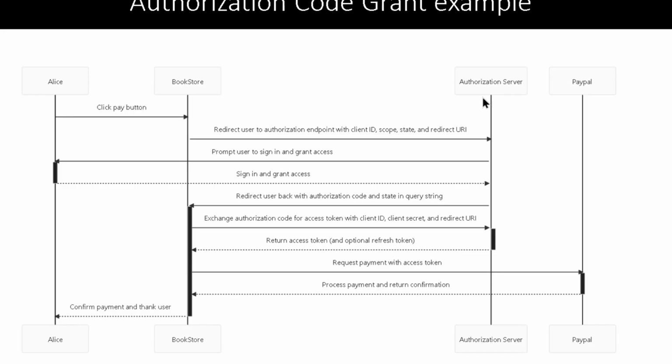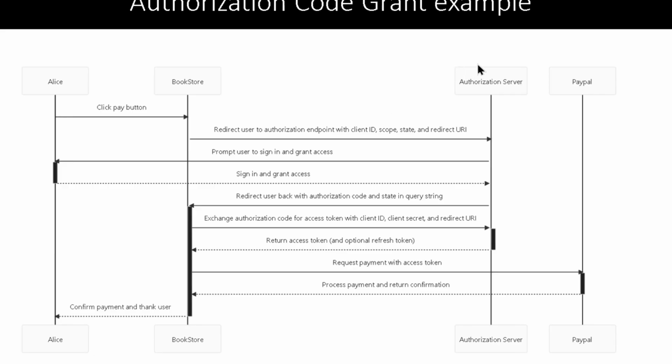So what happens is she will click on the pay button on the bookstore, which redirects her to the authorization server of PayPal with the client ID and scope, which basically identify Bob. And scope would be something like pay. Redirect URI would be the place where she needs to go. The authorization server authenticates Alice via her browser, and you've probably done this multiple times.